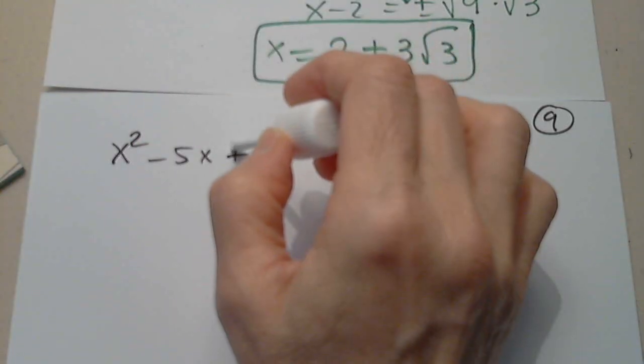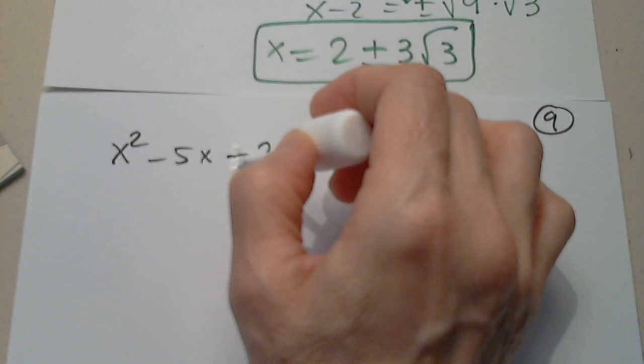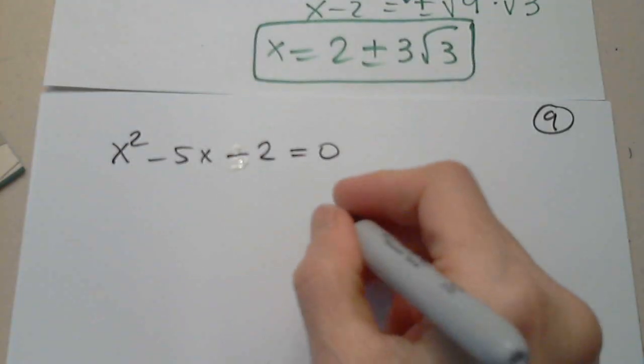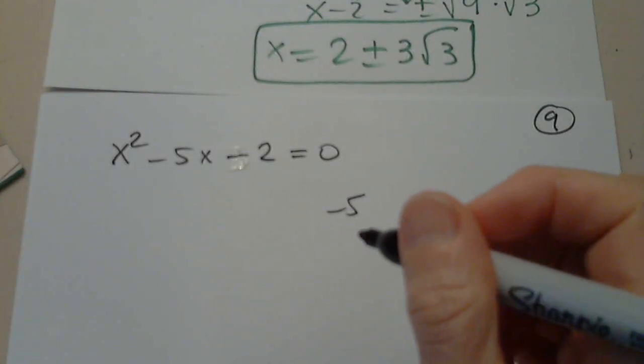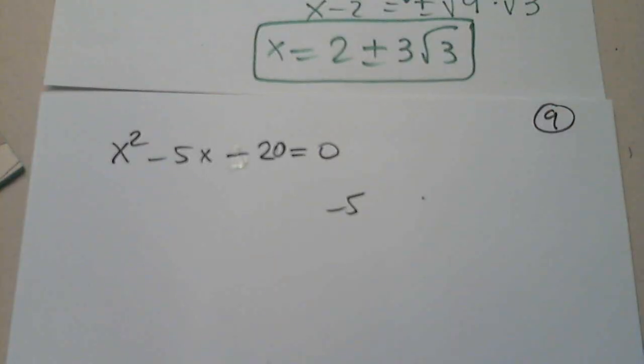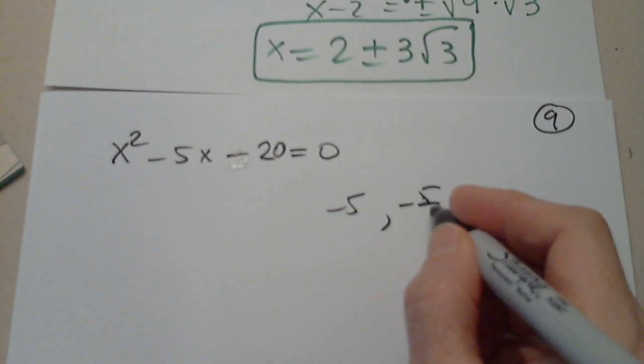What is the middle coefficient? Negative 5. Very good. We have to divide it by 2. I just want to make sure that we don't have an imaginary number. That's all. Okay, negative 5. Then I have to divide negative 5 by 2.